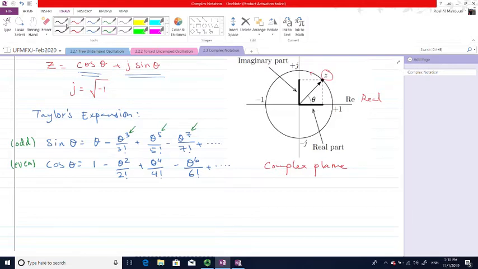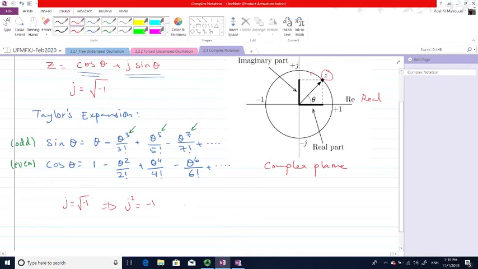First, we have to understand that j is the square root of -1. Therefore, if we square it, j squared, we get -1, without any square root. That is very important to understand.